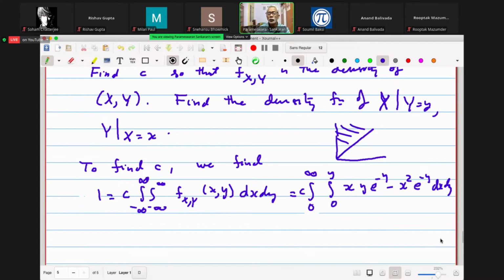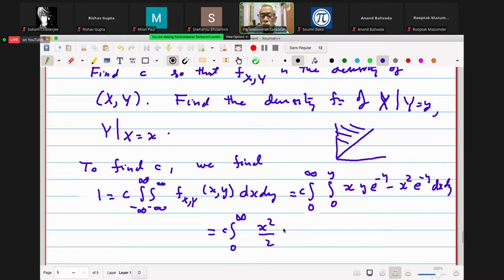I think either way it's a slightly messy calculation. When I do this with respect to x, here I will get x squared by 2, and here I will get x cubed by 3.